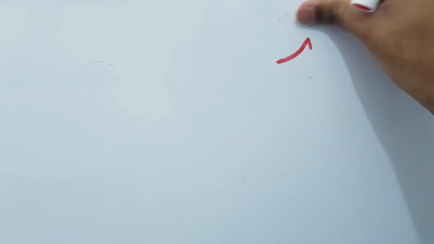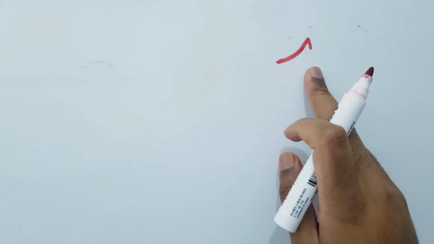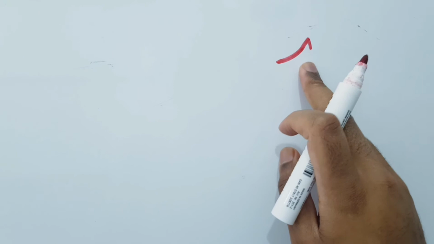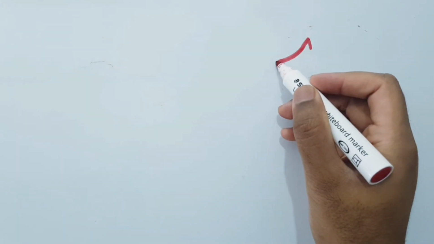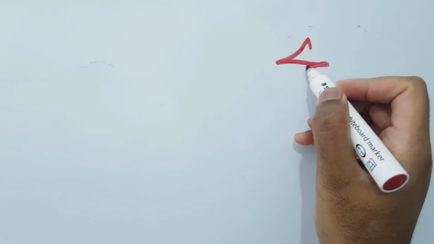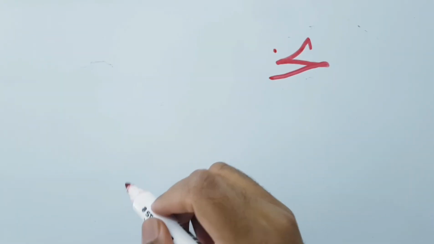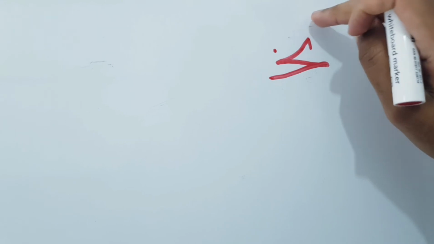Yeah? When it comes in the beginning of the word, sometimes you might see it written like this. Okay? When is it written like this? It's written like this if it's followed by 3 letters only. What are these 3 letters? Jim, ha, or kha. If it's followed by jim, ha, or kha, the huruf al-khamsa at the beginning are written like this.